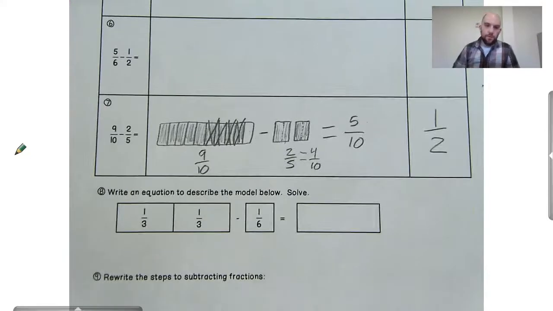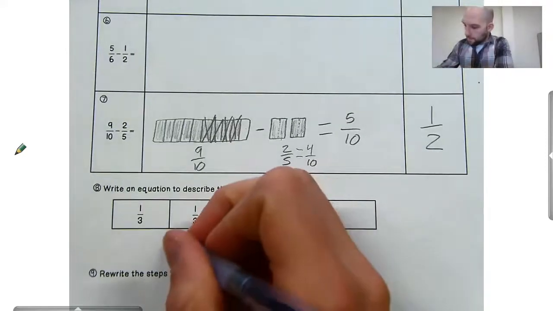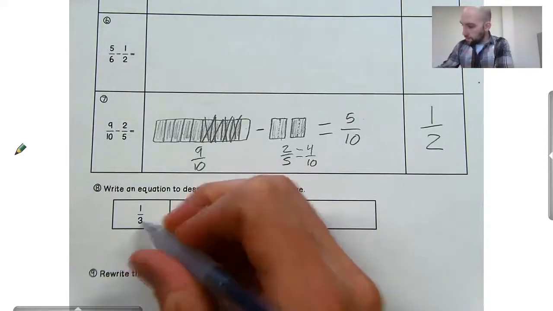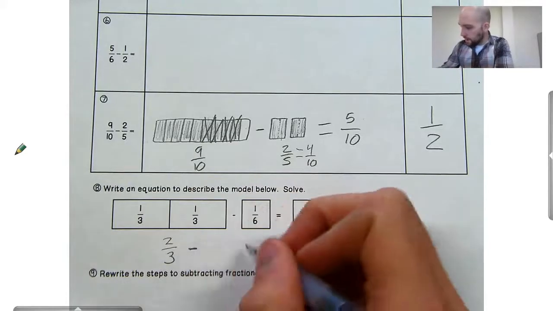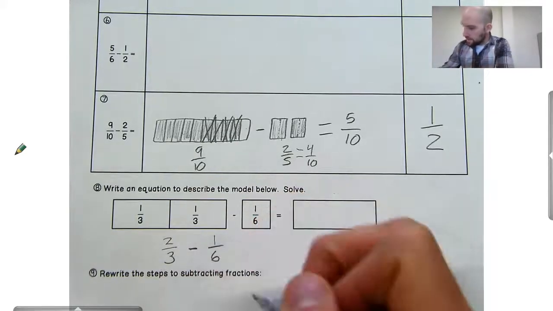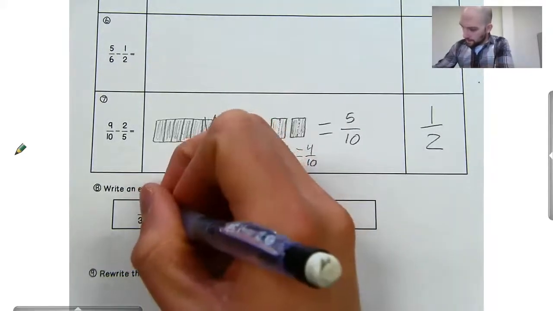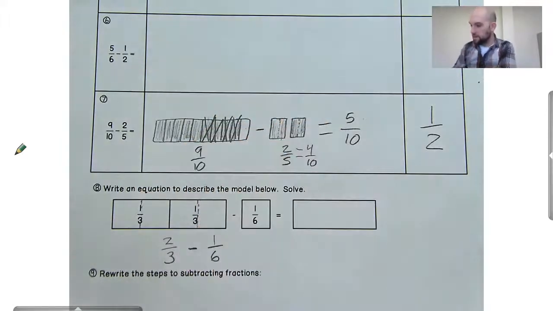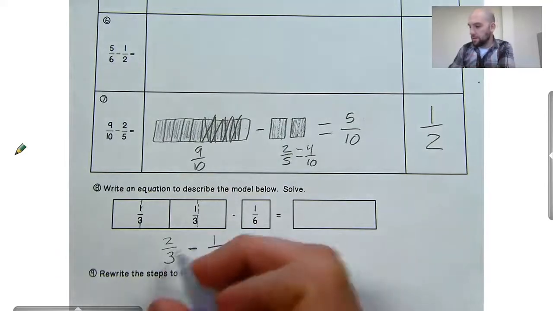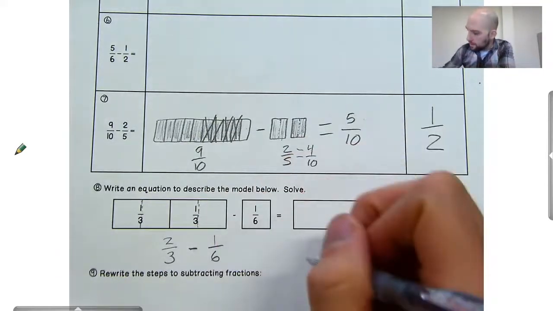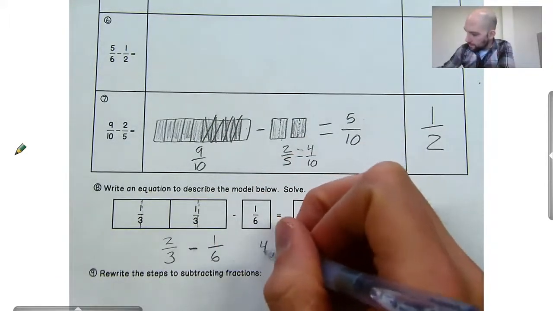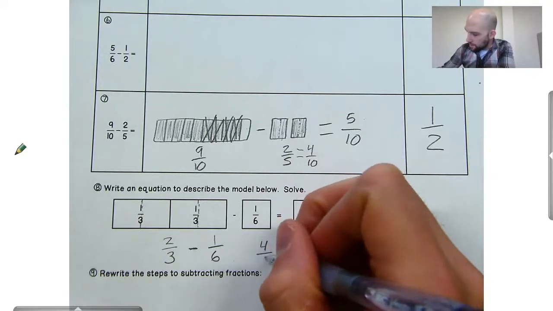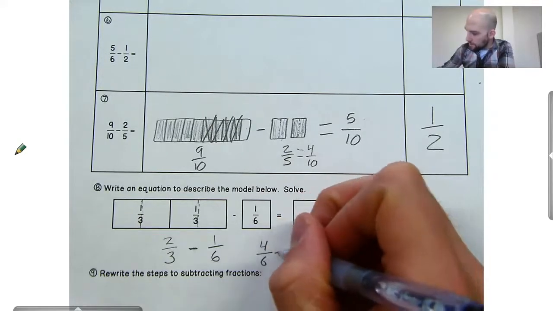So if we look at number 8 here, it says write an equation to describe the model below. Well, we have 2/3 here. We have 1/3 and 1/3. We have 2/3 minus 1/6. We'd have to make common denominators, so we'd have to cut these thirds in half and make them into 6. So we have 4/6 if we have 2/3. So really it'd be 4/6 minus 1/6.